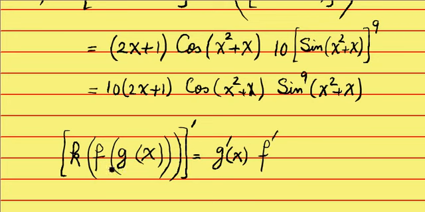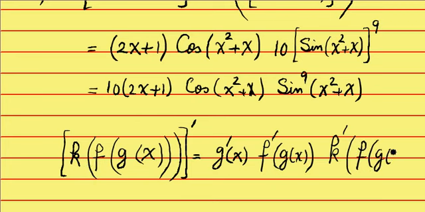F prime of what? F prime of whatever f was looking at. F was looking at g of x. And then k prime. K prime of what? K prime of whatever k was looking at. So it's going to be f of g of x. So here are 3 layers.